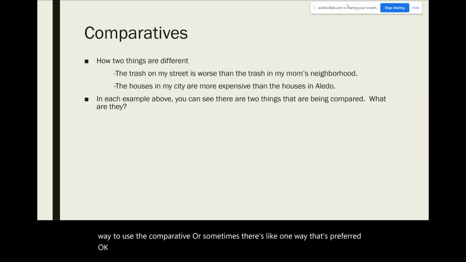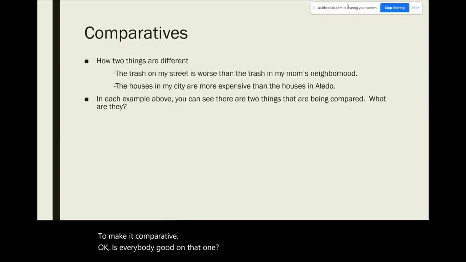But if you have three syllables or four syllables on the adjective, you definitely want to use the word more to get comparative. Okay? Is everybody good on that one? Does everybody get that? Questions? Okay.